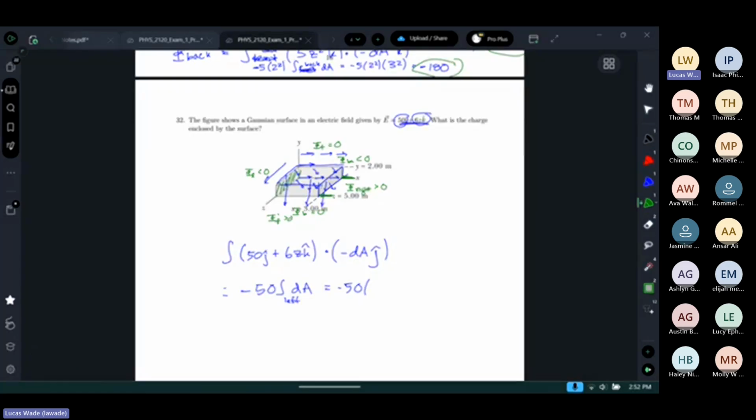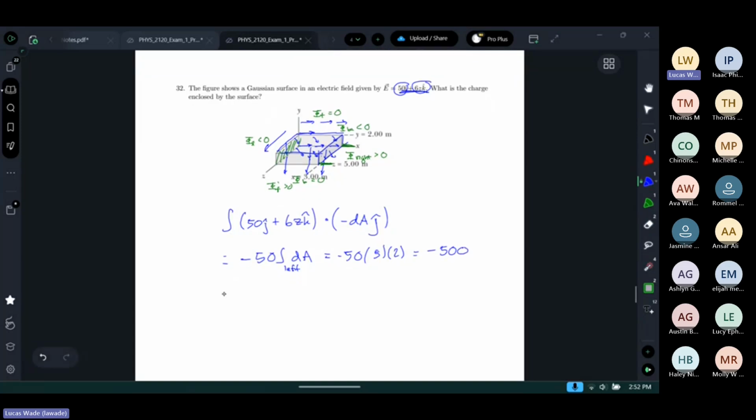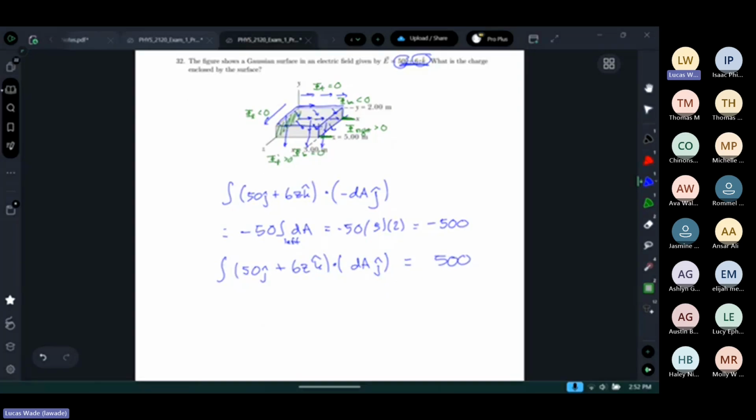So it is 5/2. Negative 500. Right, for the right face, same deal, except positive dA j hat. So without going through that too much, I'll know that that will be positive 500 instead.